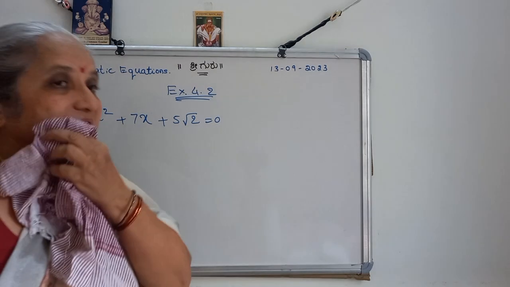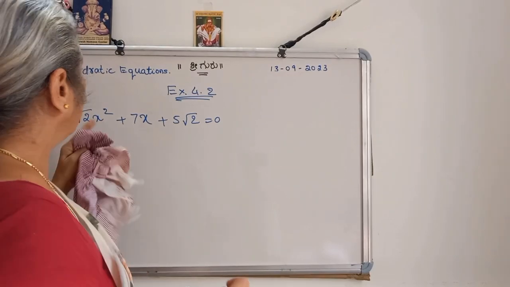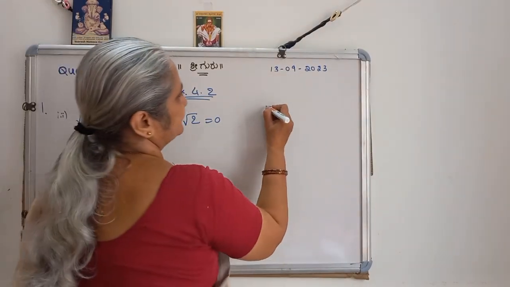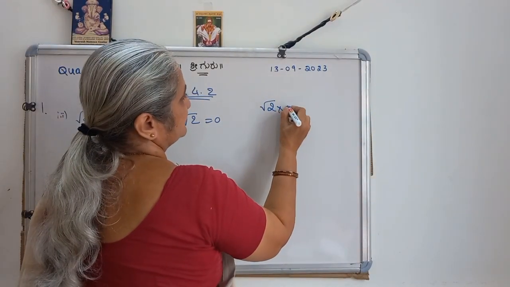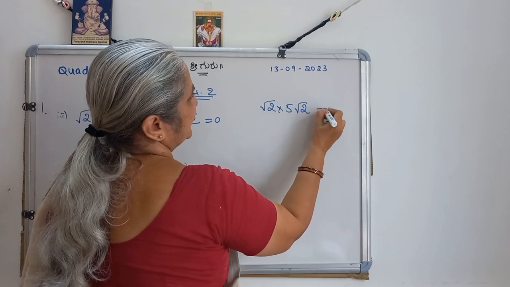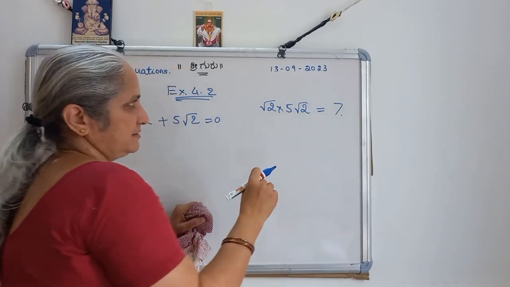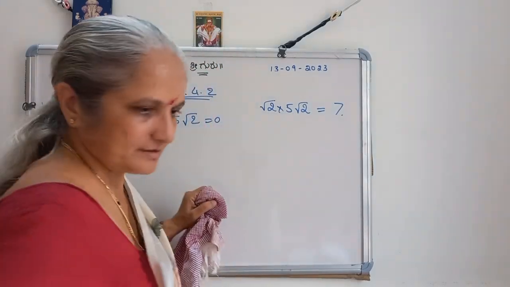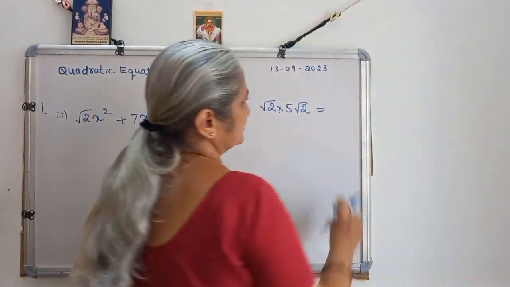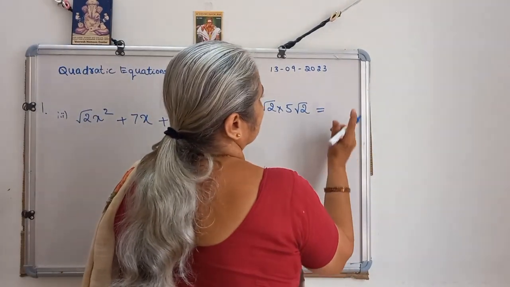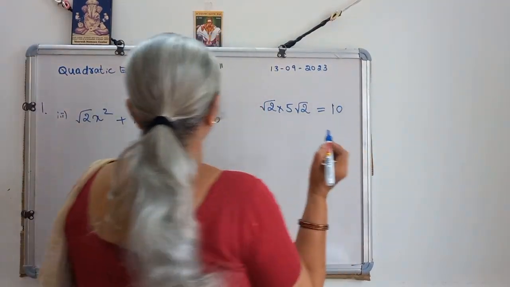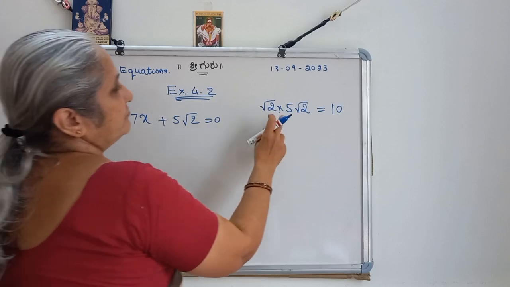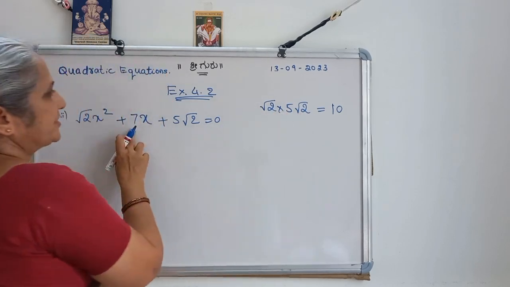Here a into c is root 2 into 5 root 2, which is 5 into 2, that is 10. And by adding the factors, you should get 7.